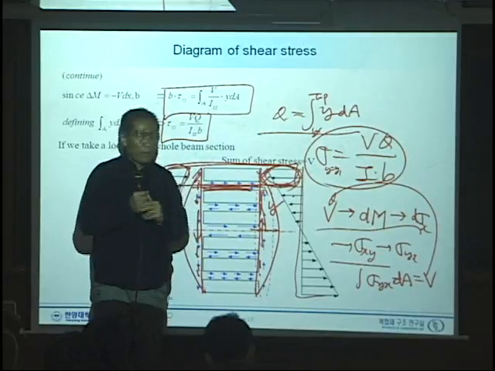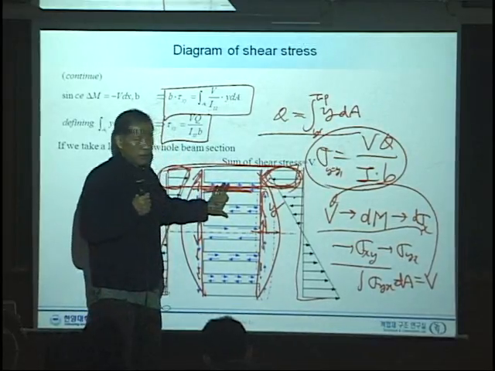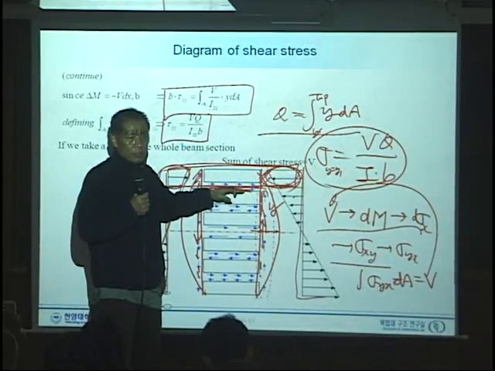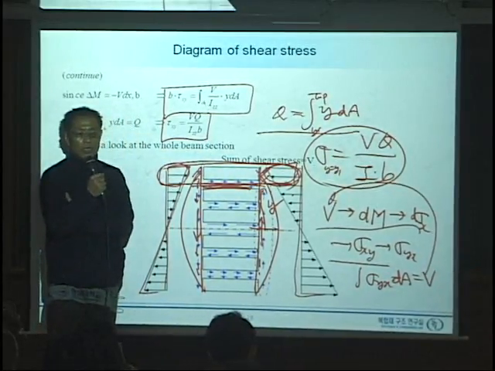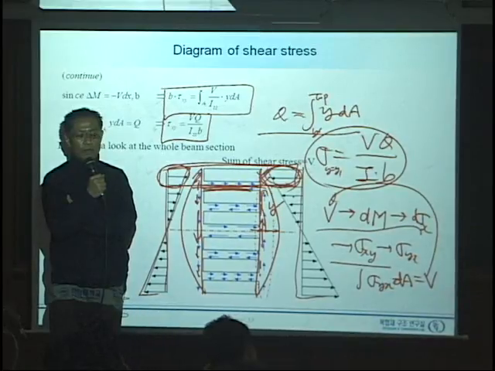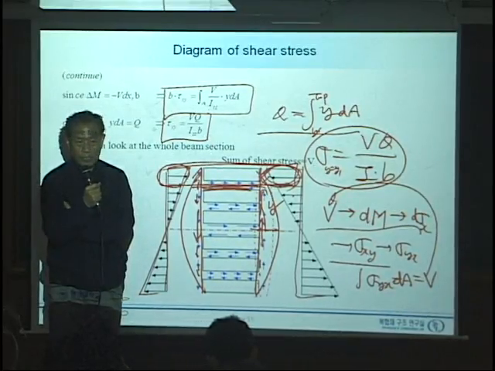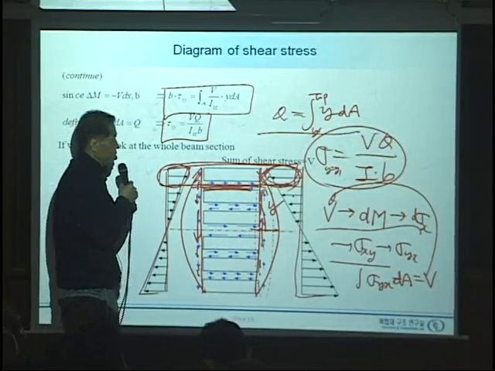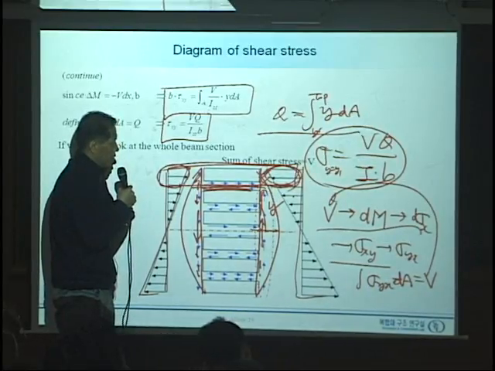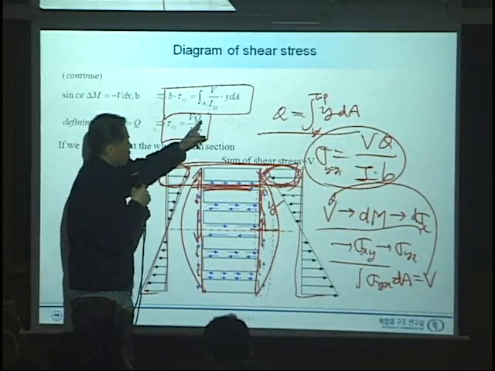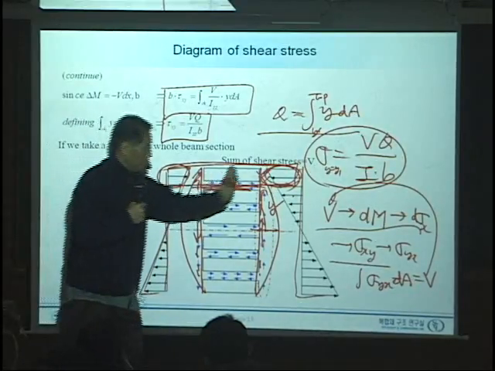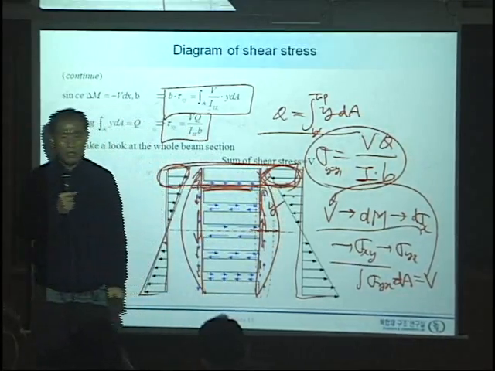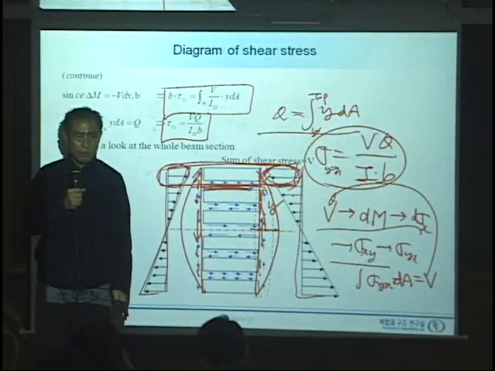So Q is a function of this position, and that position is the location where we define the shear stress. Okay? So finally, when we calculate this Q as a function of y, we notice that it is a parabolic distribution.